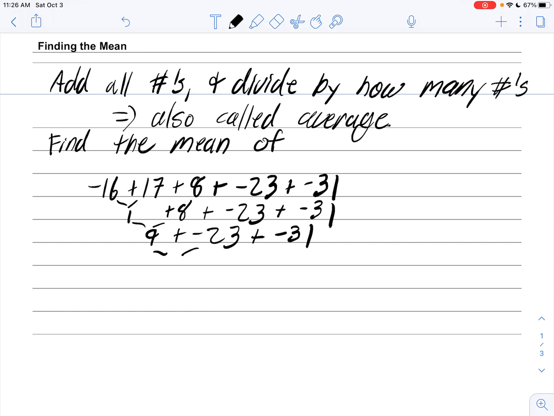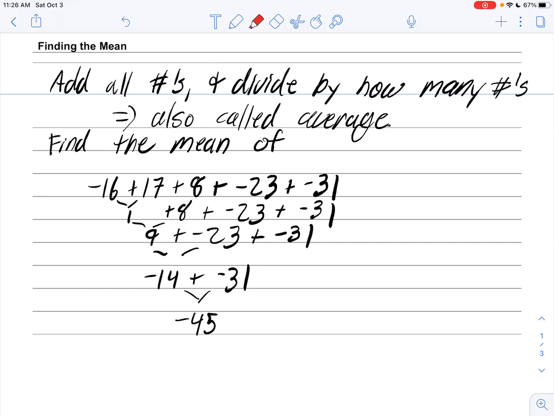We'll cancel out 9 of my negatives. That leaves me with negative 14 plus negative 31. And then a negative plus a negative, that means we're combining all the negatives. 14 negatives plus 31 negatives, that leaves me with negative 45.